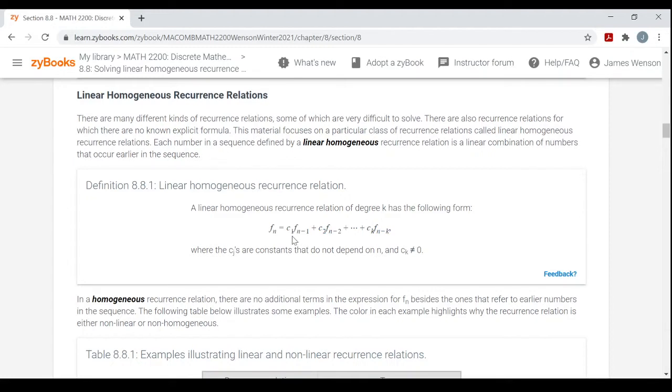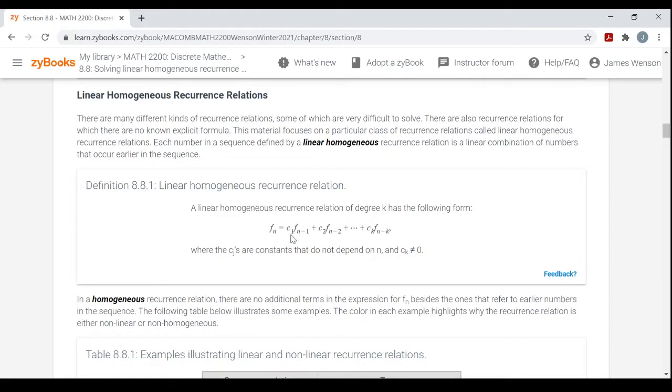It's a number times the term before, plus some number times the term before that, plus some number times the term k terms back, the n minus kth term. And notice that's it. There's nothing else added. Every term is a linear combination of some of the terms before it, up to k terms back, and that's called a degree k recurrence relation.